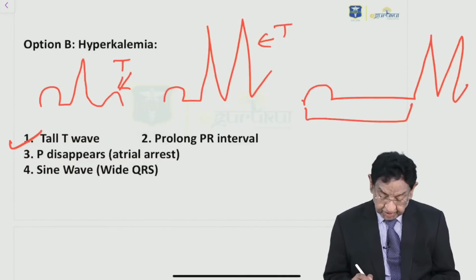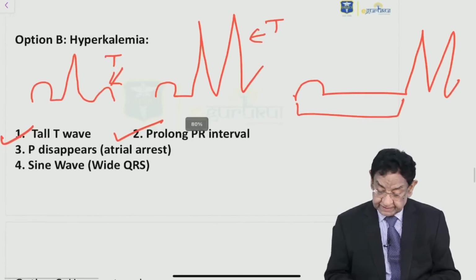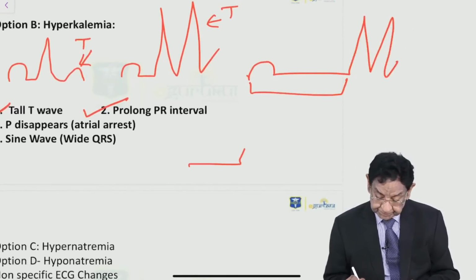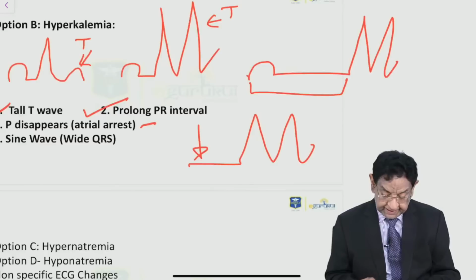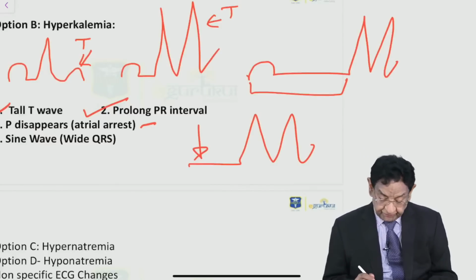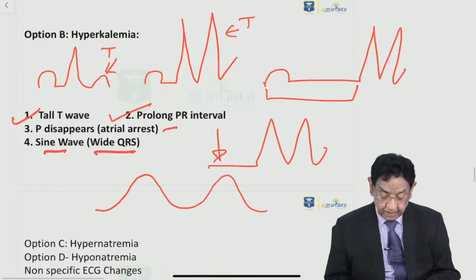Then the P wave disappears, so-called atrial arrest. And finally, prolonged QRS, finally a wide QRS, so-called sine wave.